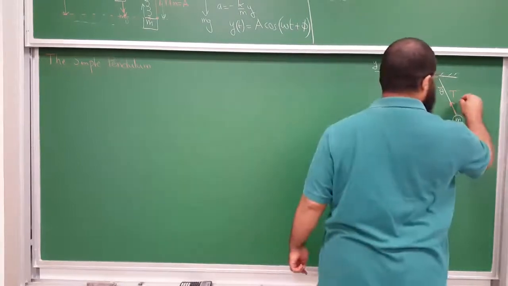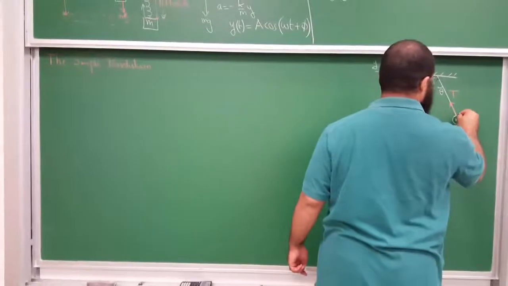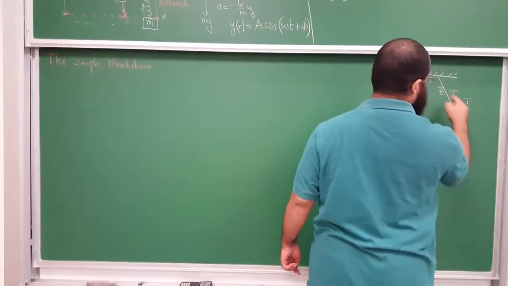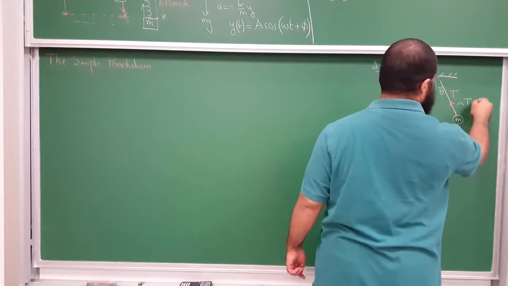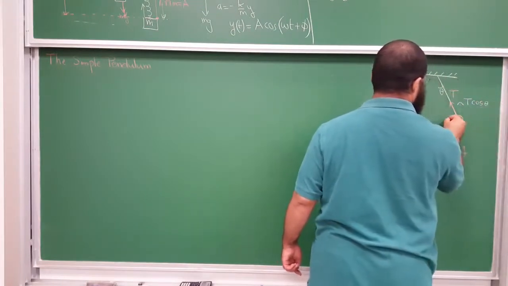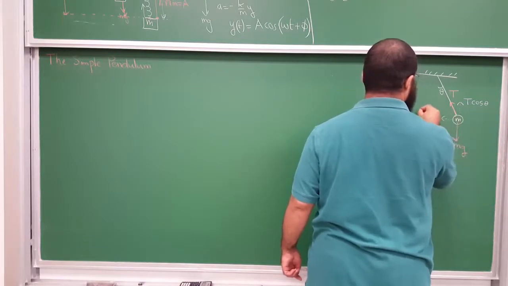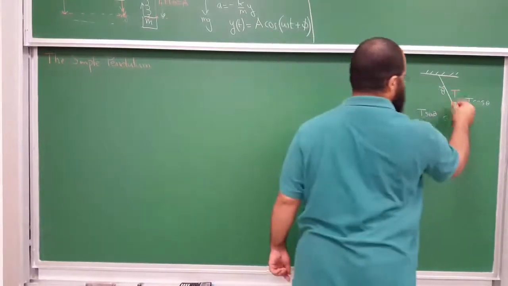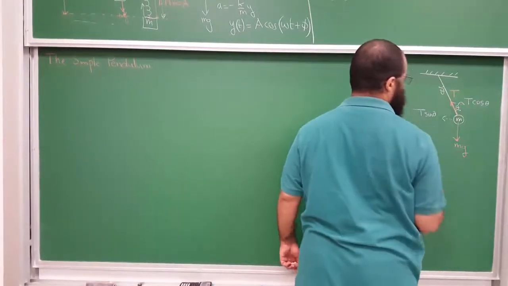So the tension will have two components. If this is theta, then this is theta, and this is the adjacent to it, so this is T cosine theta. And this way, you get T sine theta.